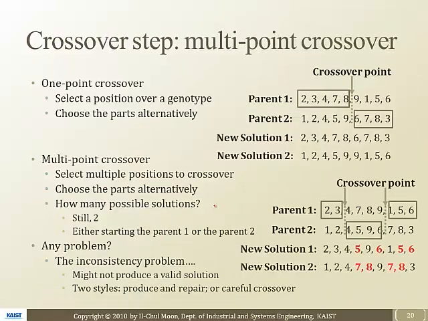Okay, so crossover. One type of crossover is multi-point crossover. So for example, let's see 1 point crossover here. Select a position over a genotype. You pick a certain position in the genotype, a crossover position, and you choose the parts alternatively.